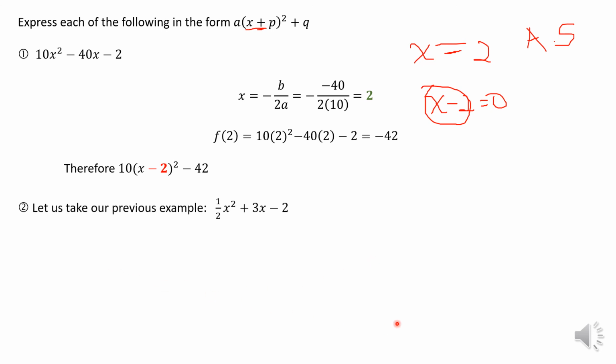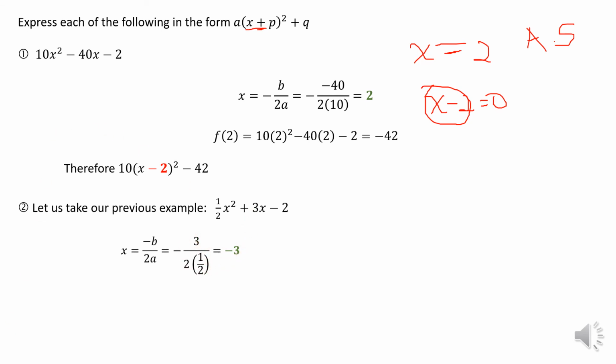So let us look at the other example, and we have done this previously. Just by looking at this example, you know that the value of a is 1/2. You know the value of b is 3. So you can then use your formula, which is minus b over 2a. So it's minus 3 for the value of b, and my a is 1, punch this in, you get negative 3.